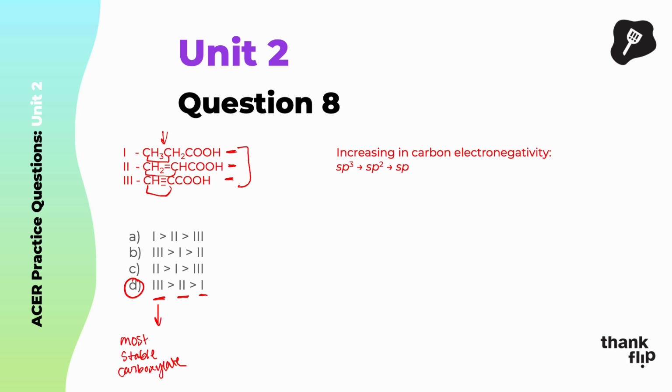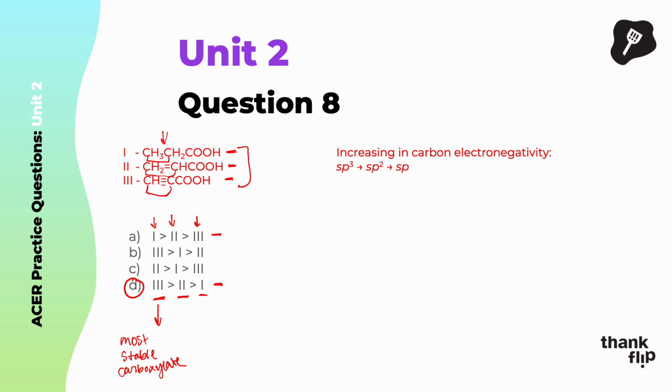So there's some sort of pattern that comes with that order, most likely, right? And so even if you didn't know that single bonds are the least electronegative and the triple bonds are most electronegative, you could at least ascertain that your answer is going to be either A or D, because it maintains that order of 1, 2, and 3.